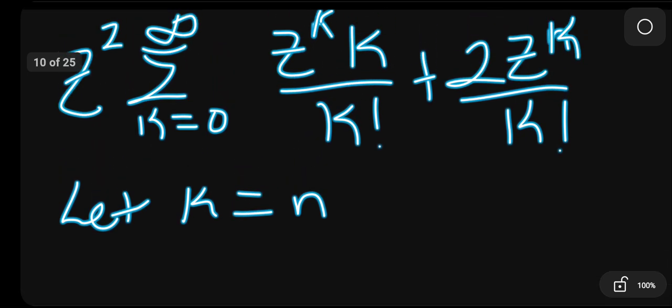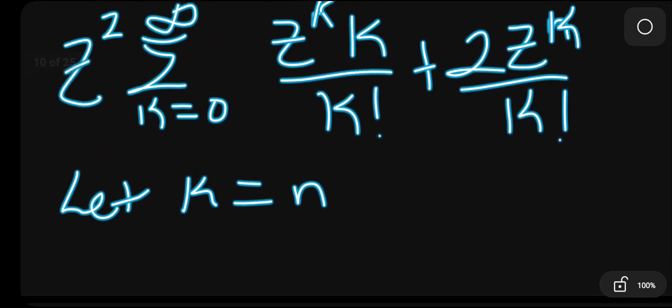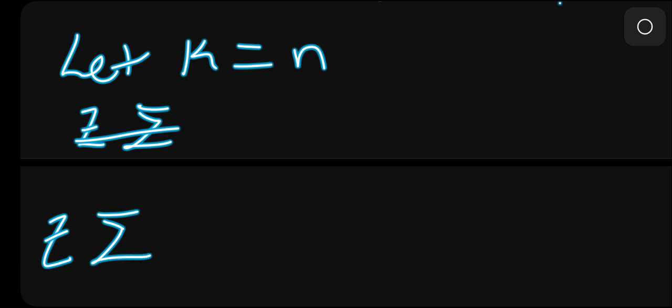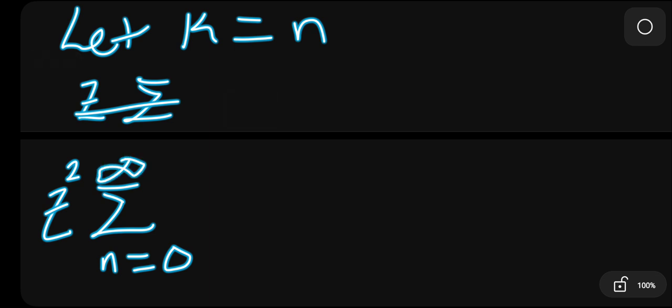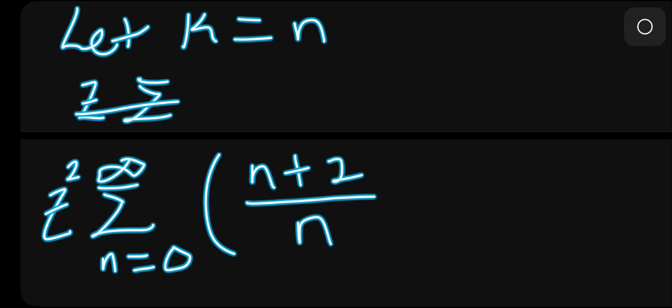So z squared multiplying the sum from n equals 0 all the way to infinite of n plus 2 on n factorial z power n.